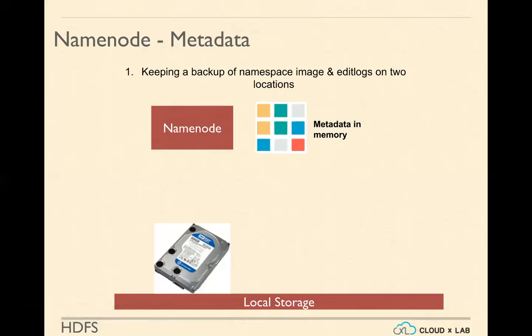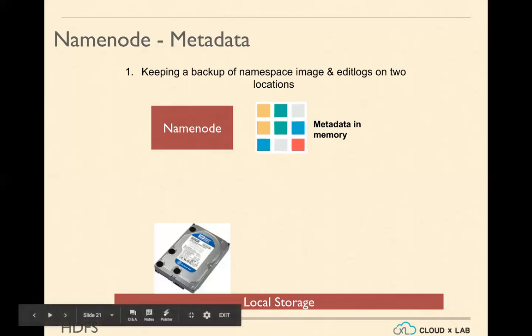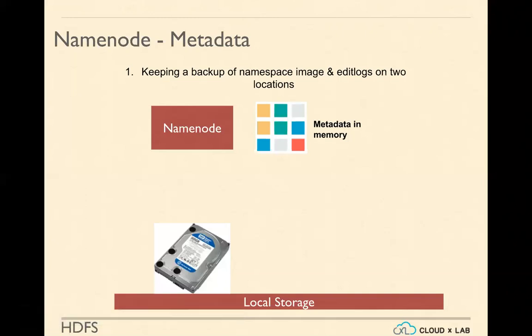As we talked earlier, the data, the metadata, what is metadata? The name of the folder is metadata. A quick question to all: if I say Hadoop fs mkdir xyz, it creates a folder.